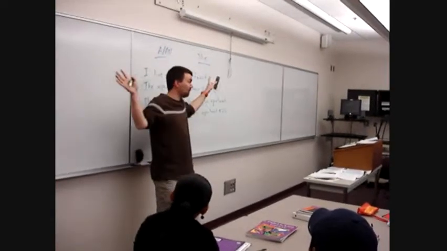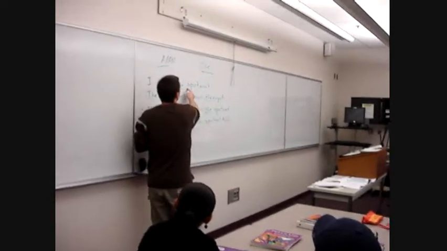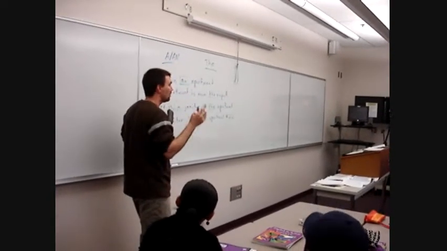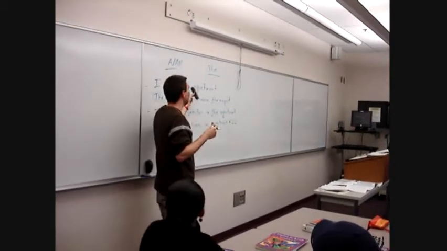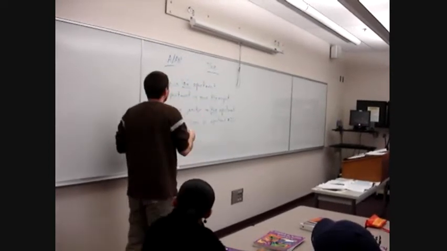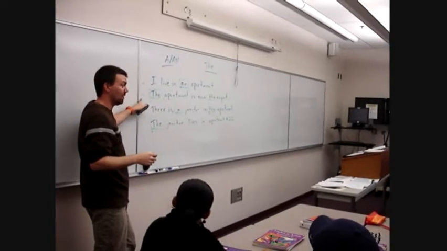There's many apartments in Portland, right? Yeah. There's many apartments. Well, I live in an apartment. You guys don't know which one, right? But I do, so we use an apartment, a or an. But in this one, the apartment.